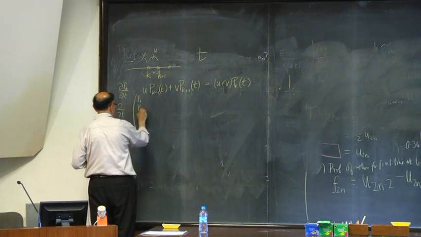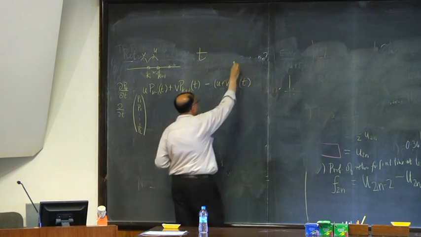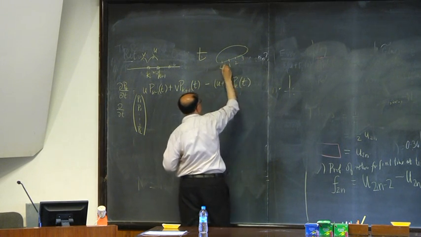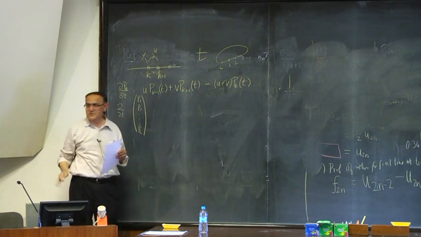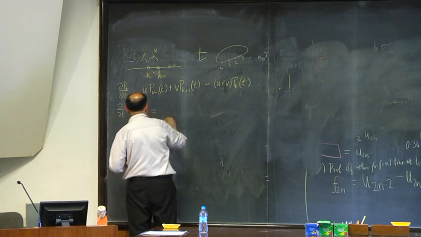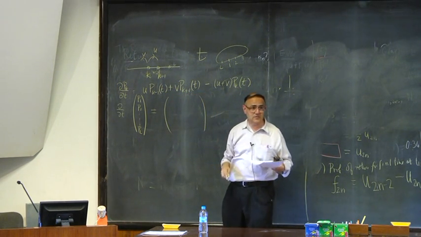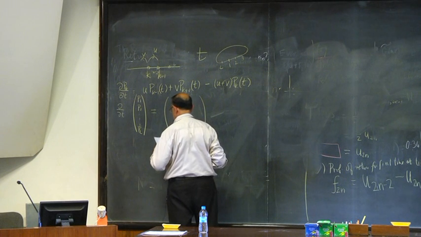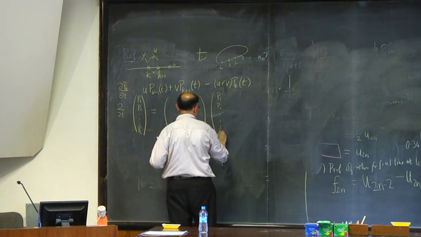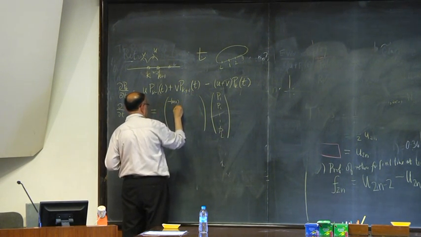P1, P2, and so on, if there are capital L sites, a finite ring, 1, 2, 3, up to L, with periodic boundary conditions. Then this is equal to a matrix times P1, P2, up to PL. This is a set of linear equations, so I can just write a matrix. But what is the matrix? All the diagonal elements are minus (u plus v).